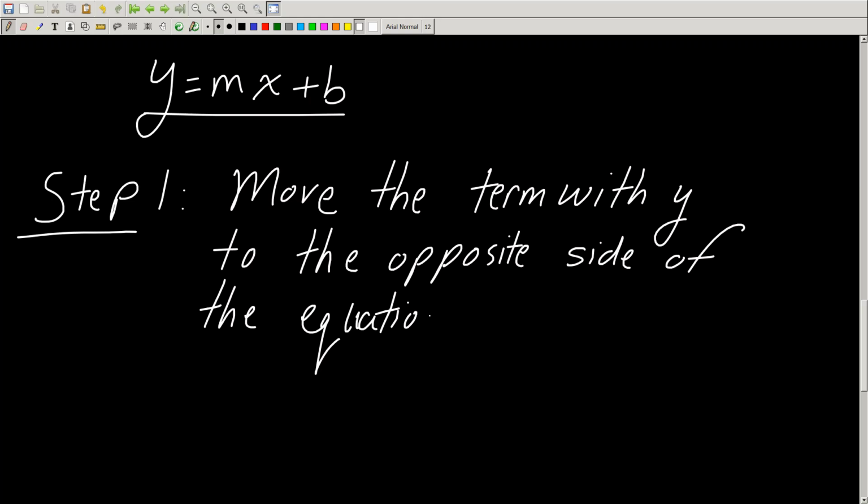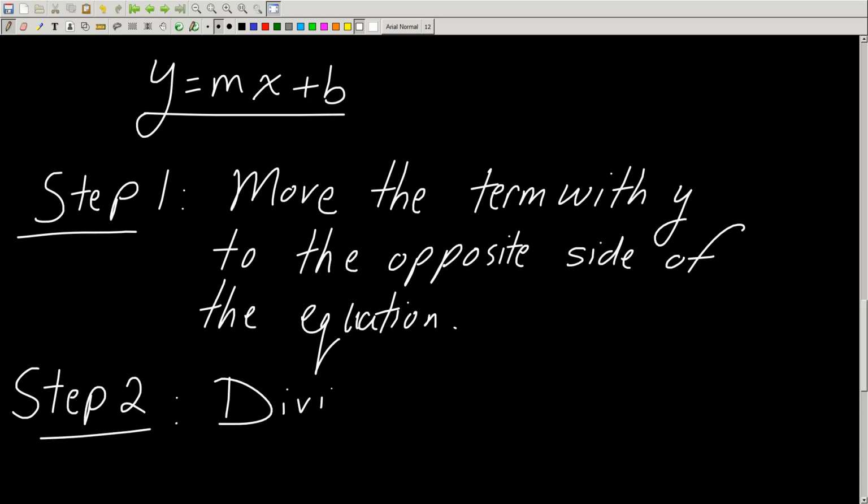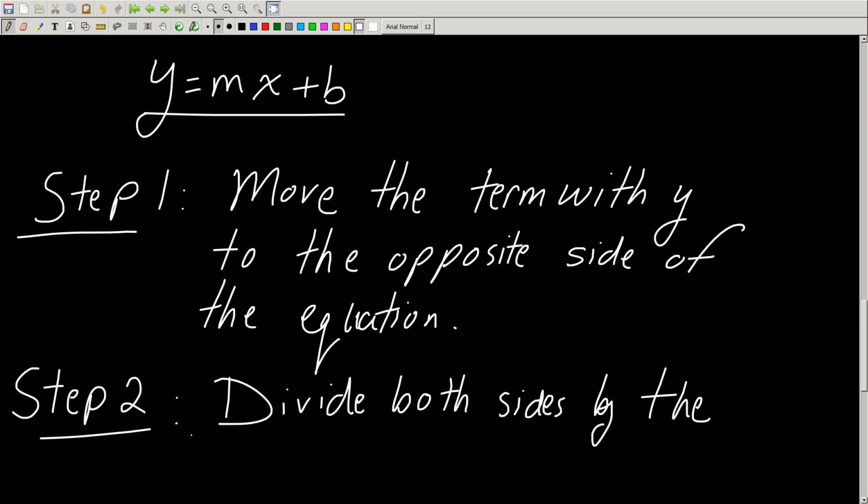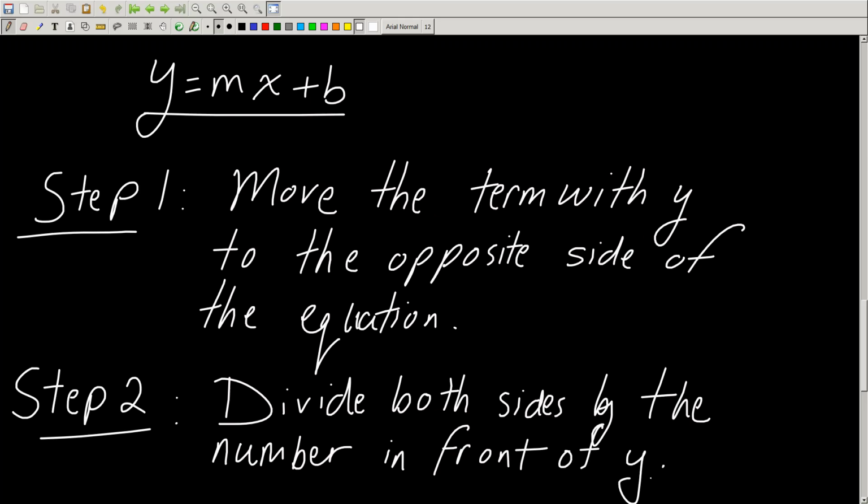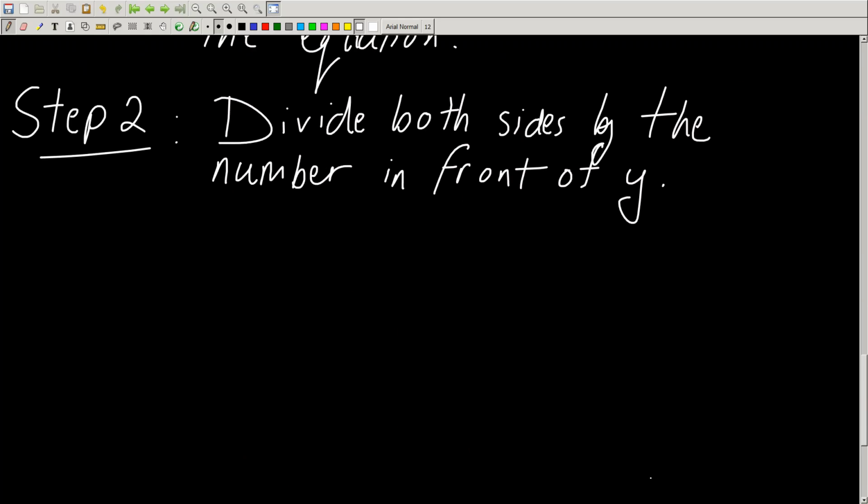That, ladies and gentlemen, is step 1. Move the term with y to the opposite side of the equation. Step 2, divide both sides by the number in front of y. So let's do some examples, and I'll talk about these steps.